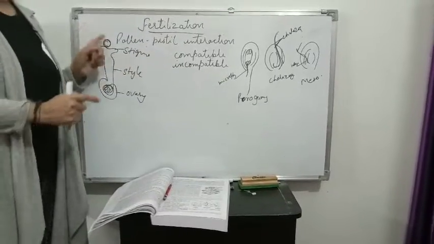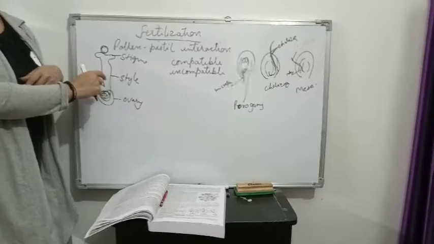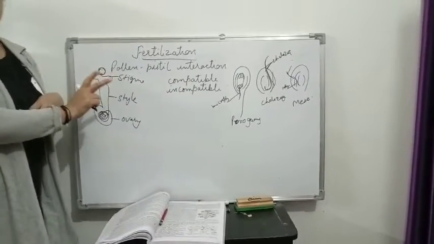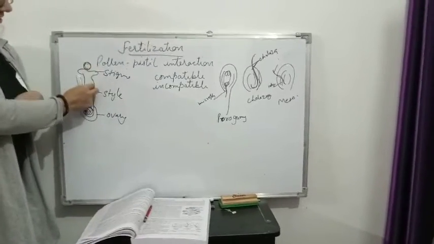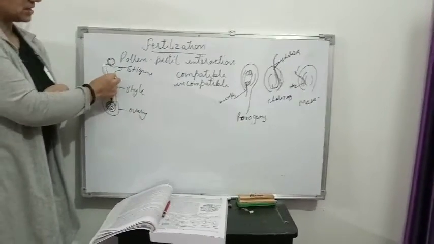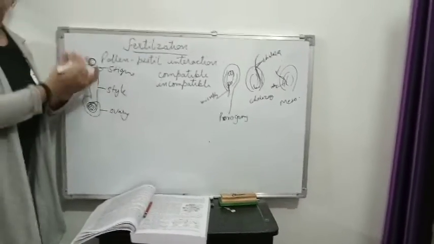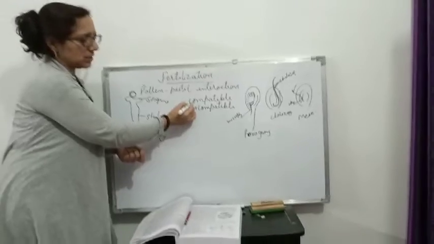Compatible means the pollen is of the same species as the pistil. If I talk of the example of a papaya or any plant in which the species is the same, the pistil is able to recognize the pollen, it feels like it is of its family, of its species. So that one is called compatible.